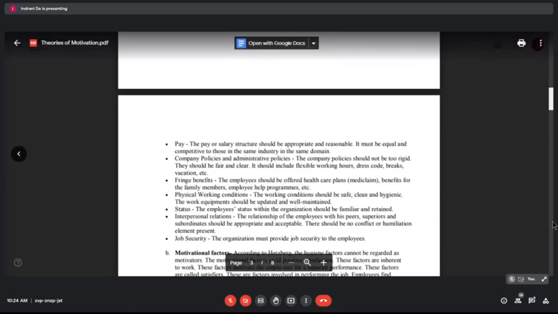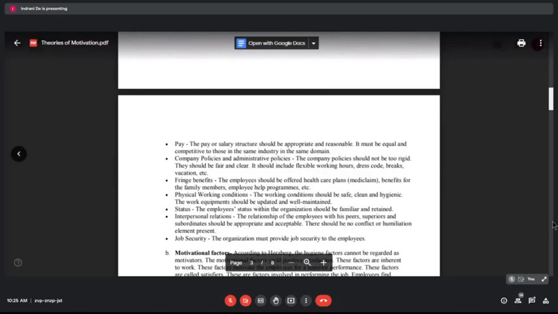So all these things are there. Fringe benefits like different healthcare plans, physical working conditions like safety, security, hygiene, and the status of the employee in the organization, interpersonal or social relationships, the social needs that we look for in the organization, and security associated with the job. So all these things are certain basic things.